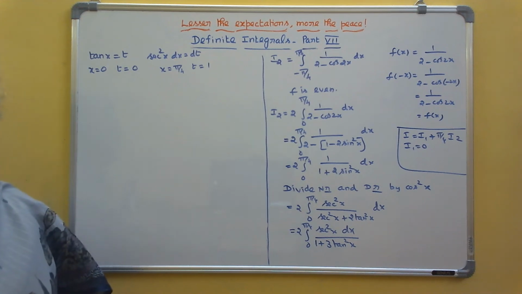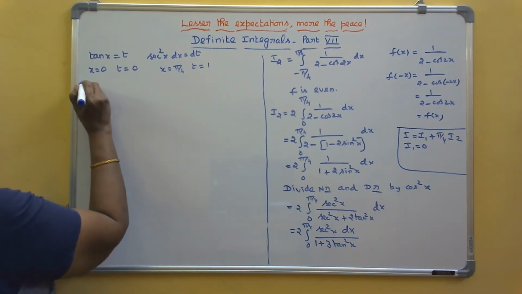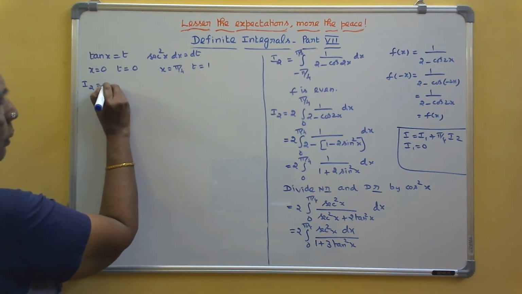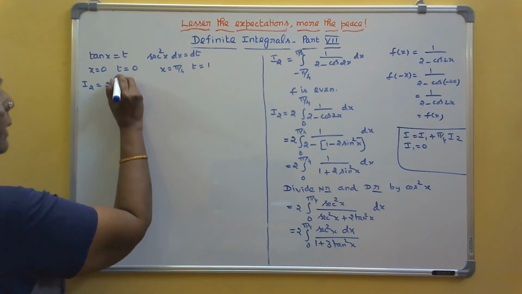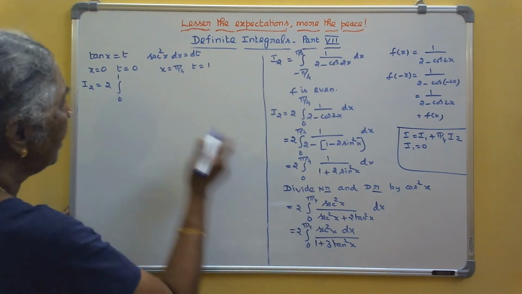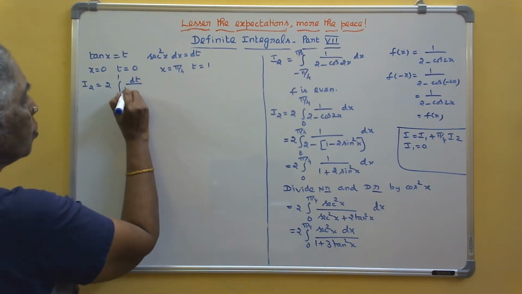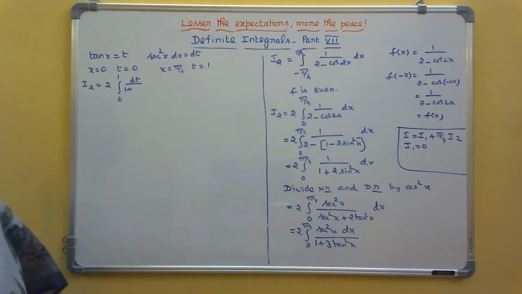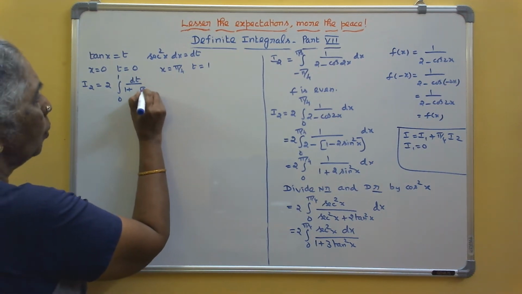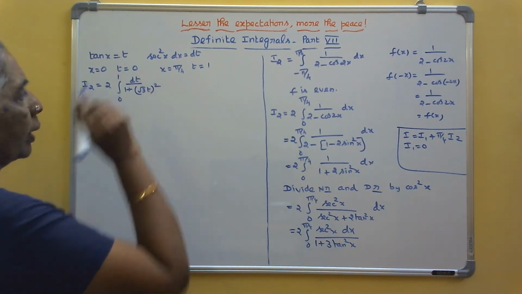So we have changed the limits also. So now we will get I2 is equal to, there is a 2 outside, now it is 0 to 1. The numerator becomes dt, right? The denominator becomes 1 plus 3t squared, which I can write as root 3t the whole square.